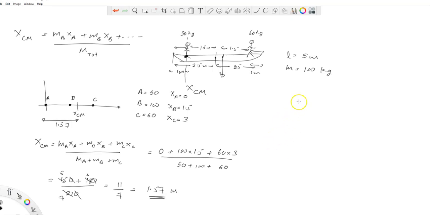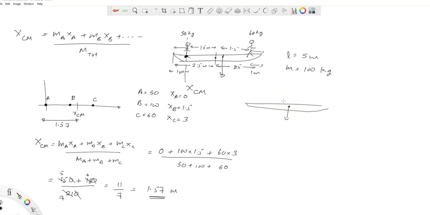Now, if you're balancing this canoe, we know its mass right here, so we might want to move them around a little bit so that the center of mass of the whole thing aligns with the canoe's center of mass. That's better for stability, right? This is how we balance things. I mean, we don't do math.